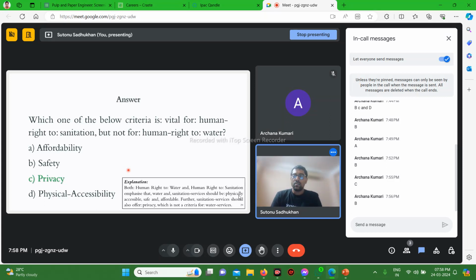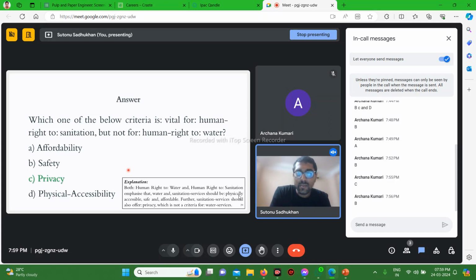You can see affordability, safety, and physical accessibility relate to both. But privacy is only related to sanitation. With the human right to water, you are just using the water, it can be in the open. So privacy is not basically linked with that.